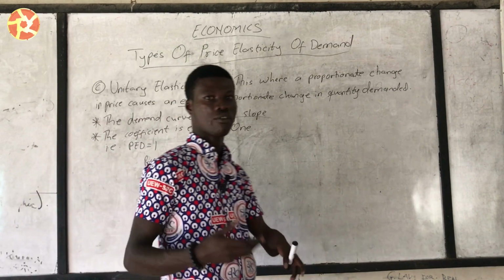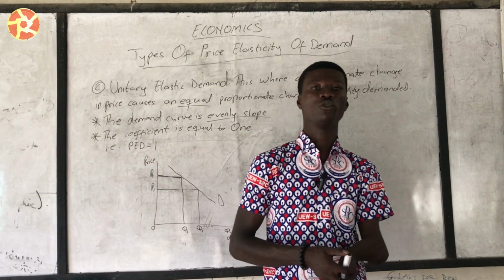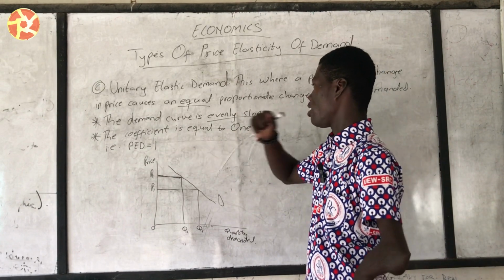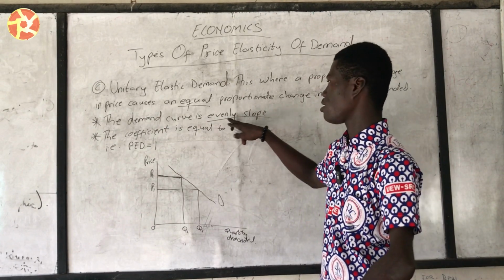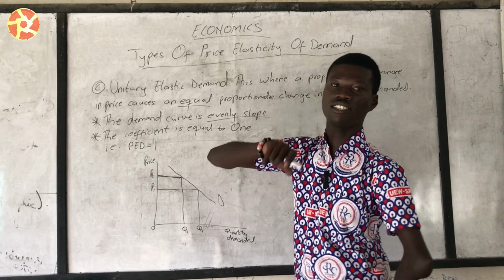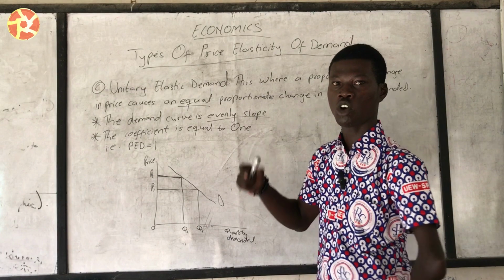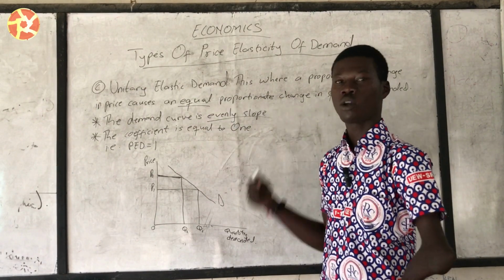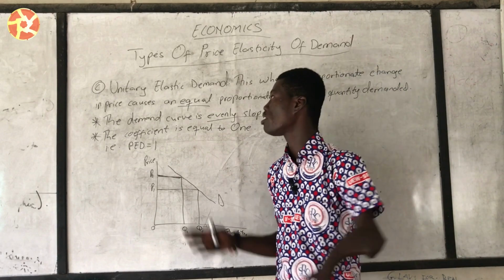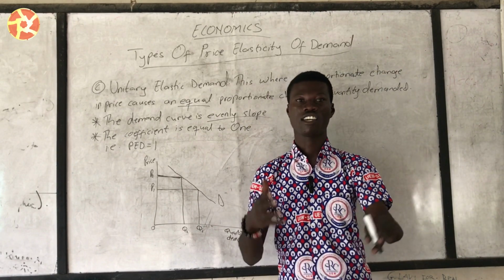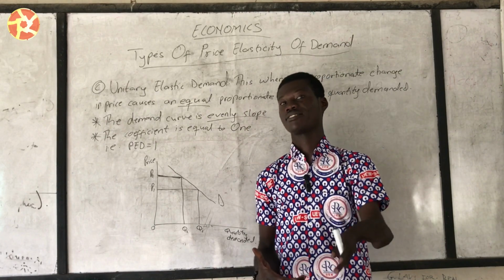That's why when you calculate the price elasticity of demand, you get a coefficient equal to 1. Here, the curve is evenly sloped, and the change in price causes an equal change in quantity demanded. So this is the third type of price elasticity of demand, and it is termed unitary elastic demand.